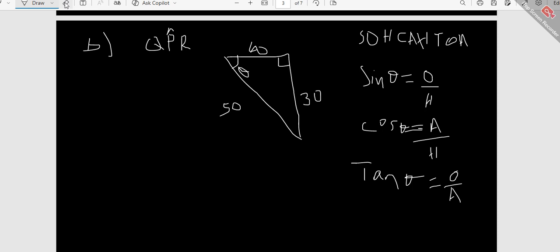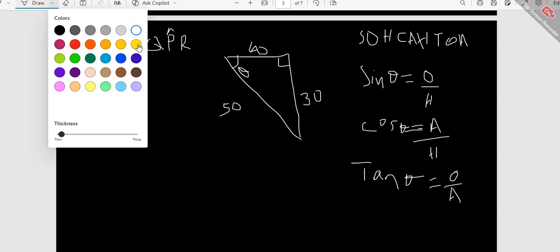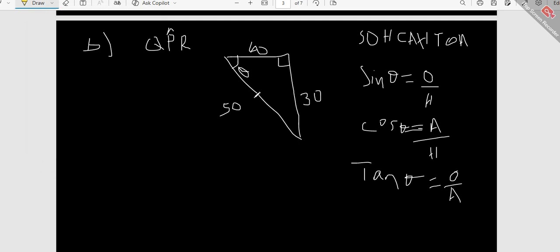So with this, we can use any of the trigonometrical functions in order to look for the angle theta.